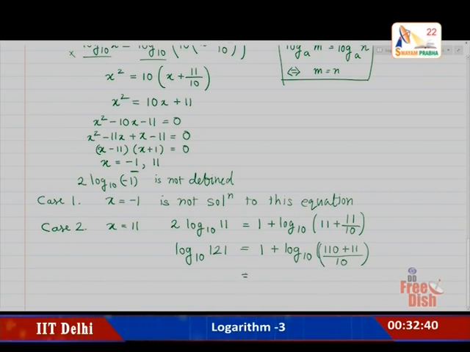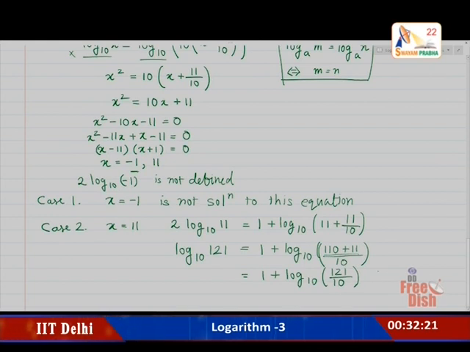So this is also equal to 1 plus, what will this value be? 110 plus 11, it should be 121, log to the base 10 of 121 by 10, right?